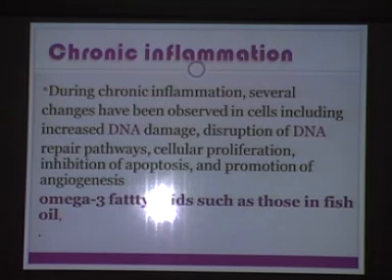Chronic inflammation is a sure way of getting cancer, as during chronic inflammation there is cell proliferation, promotion of angiogenesis, and inhibition of apoptosis. We have several food components which can block these processes, such as omega-3 fatty acids, which are present in fish, and vitamin C, carotenoids, and folate also.